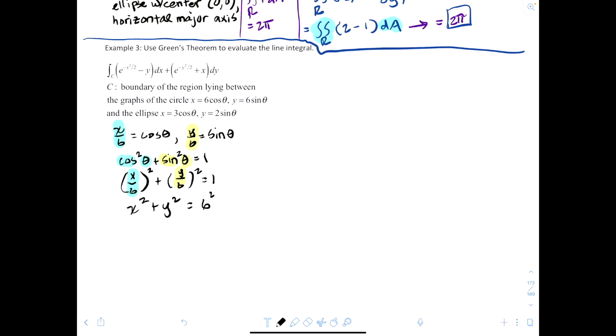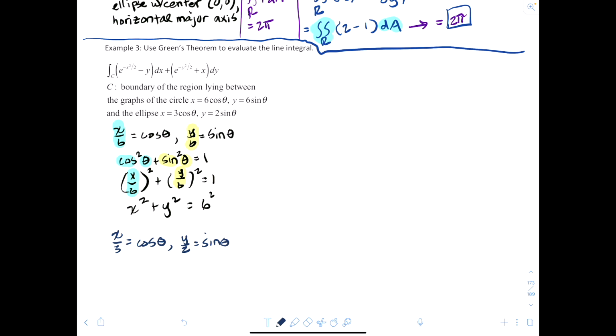And then we have an ellipse. X over 3 is cosine theta when you isolate cosine theta. And then y over 2 is sine theta.